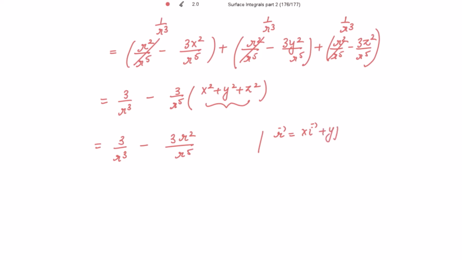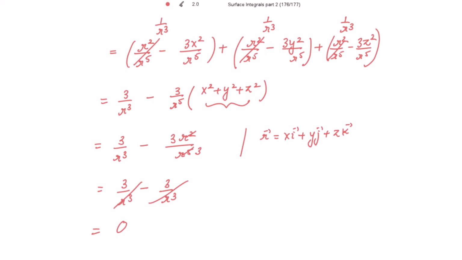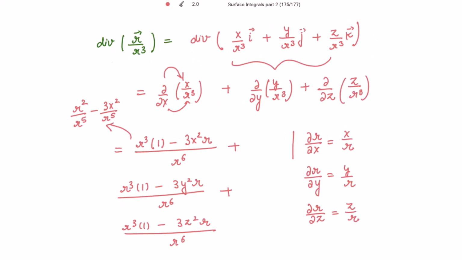x i vector plus y j vector plus z k vector. So this is equal to 3 divided by r cube minus 3 divided by r cube. These two cancelled out and we get this to be 0. So we are getting the divergence of r vector divided by r cube to be equal to 0.